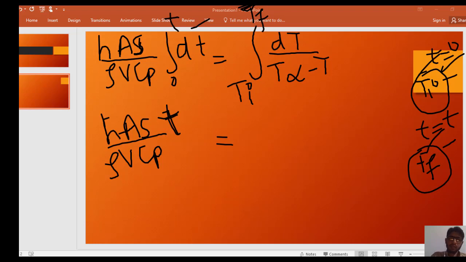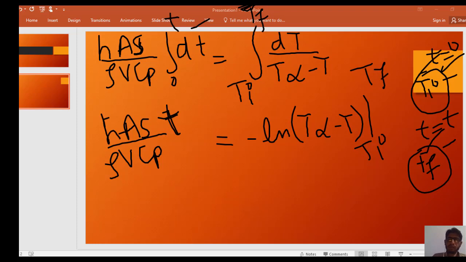For the right hand side, use the integrated formula. We will get minus ln of T infinity minus T, between Ti and Tf. Now further simplify this relation.